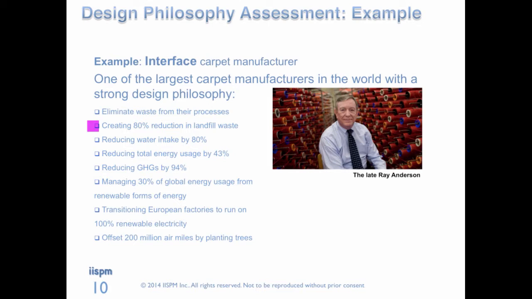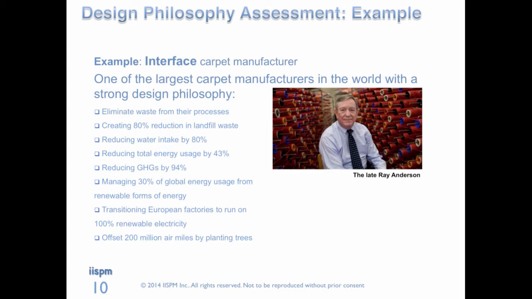Number two, creating 80% reduction in landfill waste, reducing water intake by 80%, reducing total energy usage by 43%, reducing GHGs by 94%, managing 30% of global energy usage from renewable forms of energy, transitioning European factories to run on 100% renewable electricity, and offsetting 200 million air miles by planting trees.